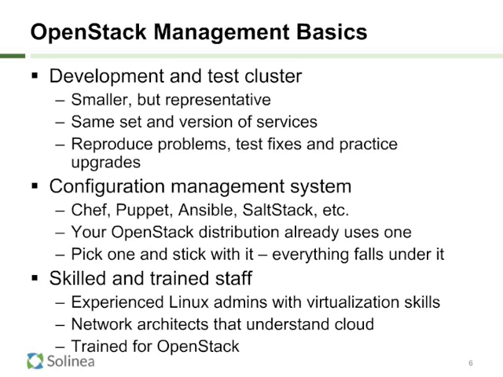In general, your OpenStack distribution probably already uses one. For example, RDO uses Puppet. The Mirantis ones use Chef. Most of them use one or the other. If you already have a distribution and it's already using Puppet or Chef, I would go ahead and pick that and stick with it. However, it doesn't mean that it has to be that way.